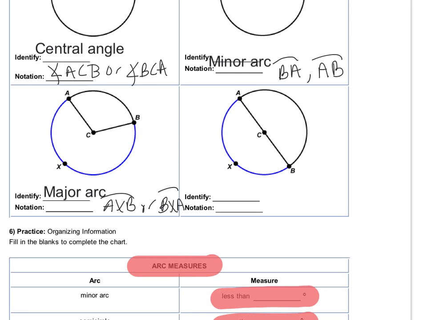And then right here to the right, we have a semicircle or half a circle. And when we name it, we use the same notation as a major arc. So it's going to be AXB or BXA. Either one would work just fine.